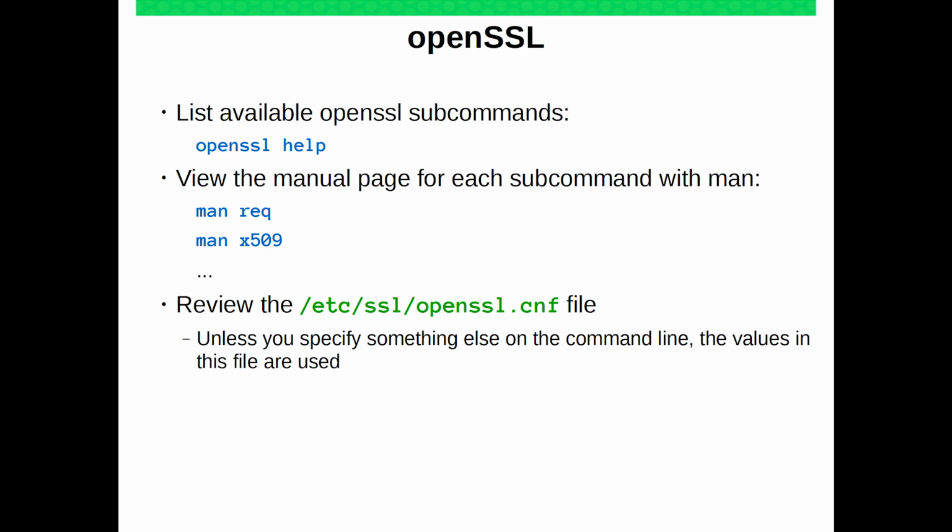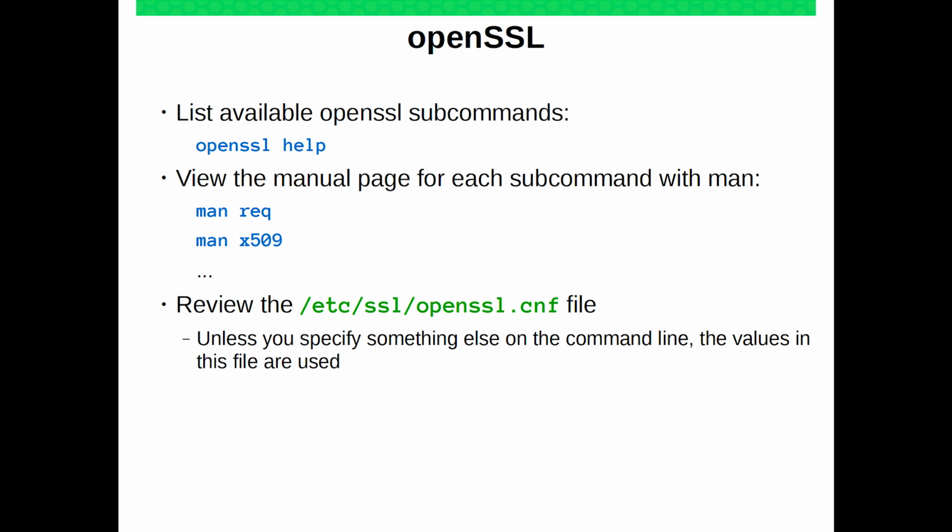But keep in mind that OpenSSL has a built-in help system and is very well documented and is used throughout most of the internet as you know it for cryptographic functions. There is a man page for it for subcommands as well, so you can man on OpenSSL, but you can use a man page on the request, REQ, or on a particular format, like X509.